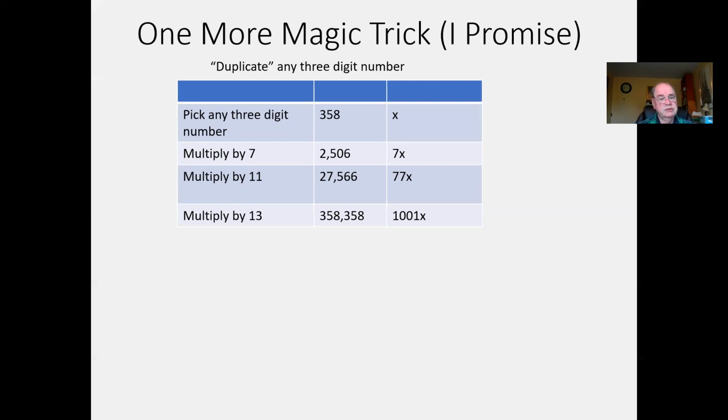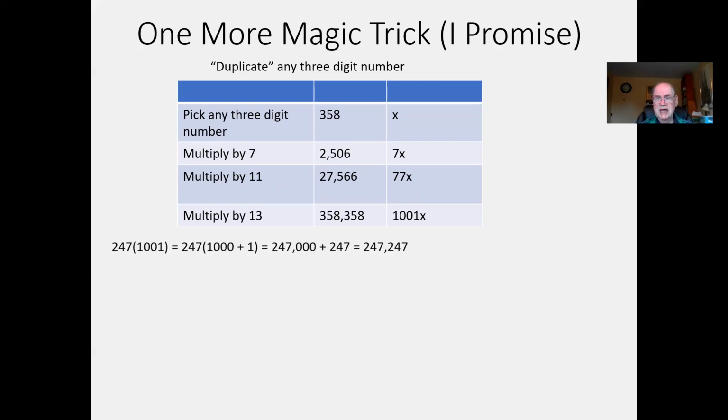So if we start with x and multiply by 7, and then multiply that by 11, it gives us 77x, and then multiply the 77x by 13, and there's the secret of the trick. 13 times 11 times 7 is 1,001. And 1,001 times 358 will indeed give you 358,358. In fact, 1,001 times any 3-digit number will simply duplicate those 3 digits.